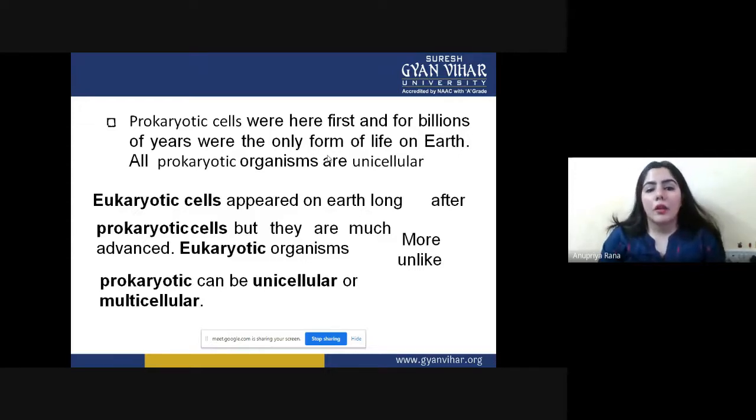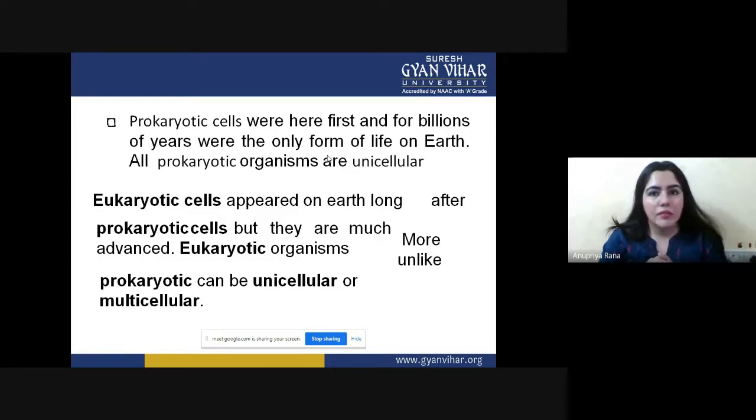All the prokaryote organisms are unicellular. This is their key feature. The eukaryotic cell appeared on Earth after a long time, but it is the most advanced one. Maybe they come later, after the prokaryote cell, but if we talk about advanced features, eukaryote cells are way more advanced than prokaryote cells.